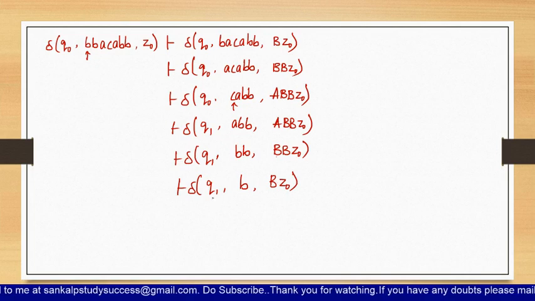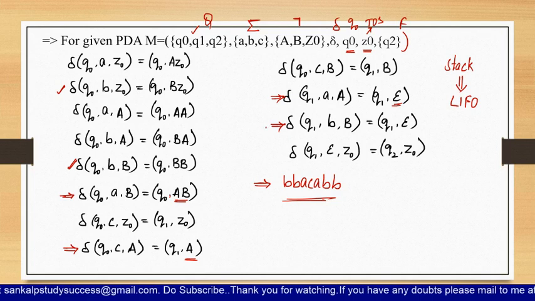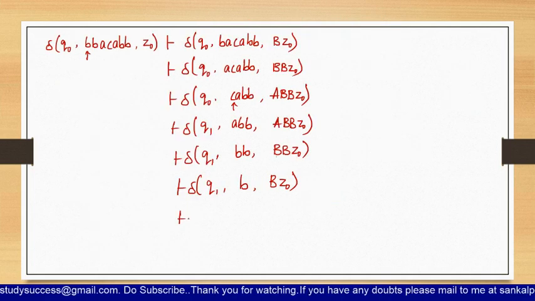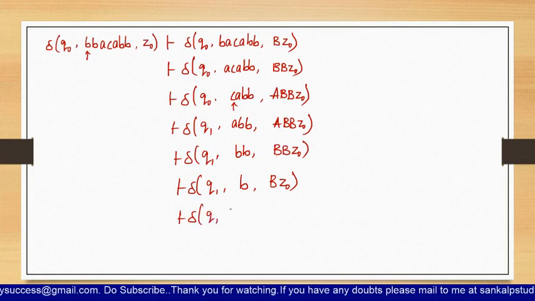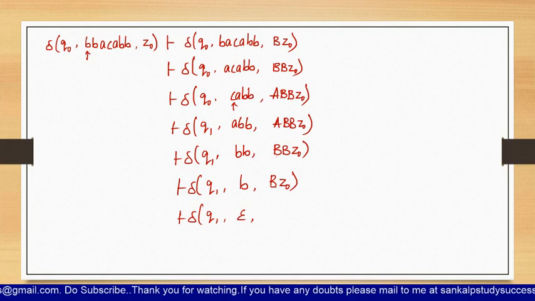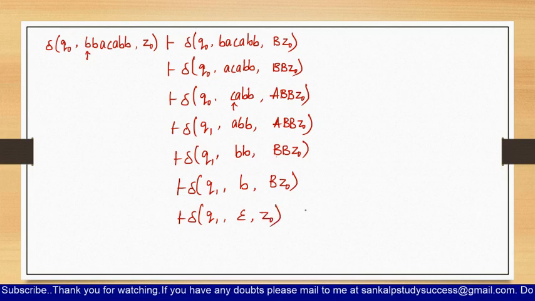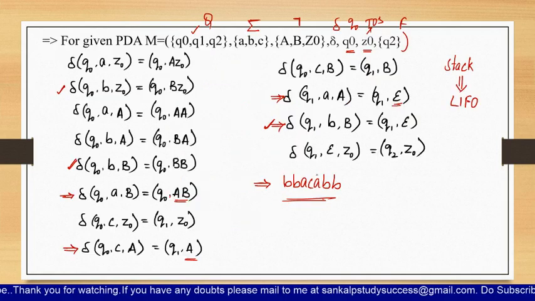Again, Q1, b and capital B gives Q1 comma epsilon, so we remove B and are left with Z0. Let us check whether there is a move for Q1, epsilon and Z0.